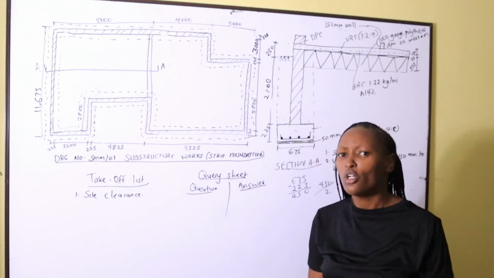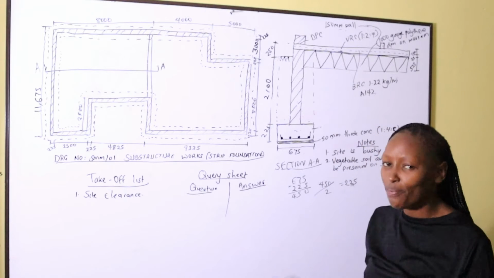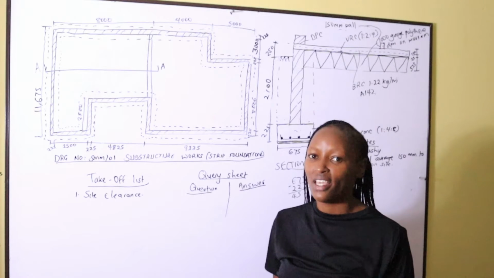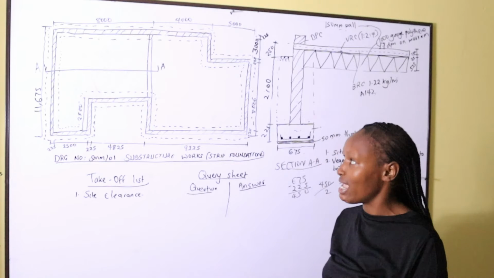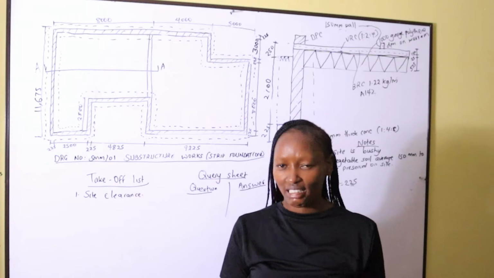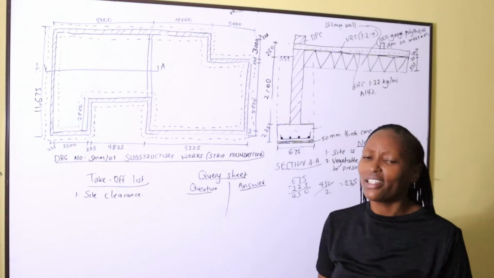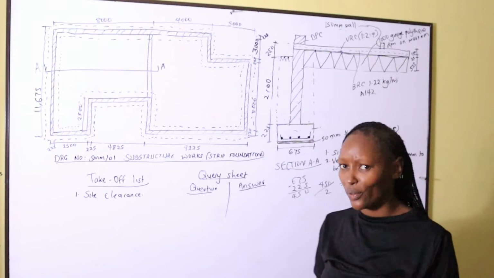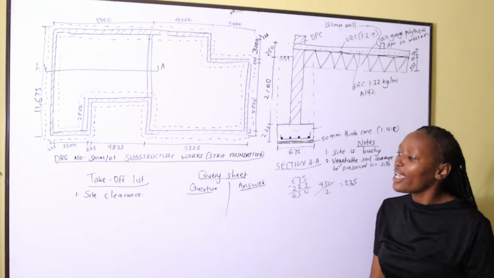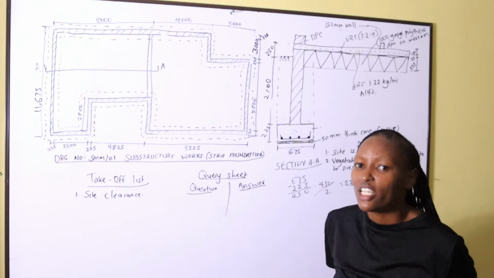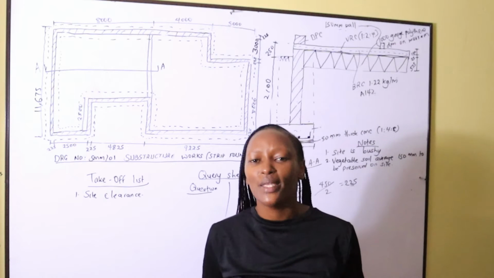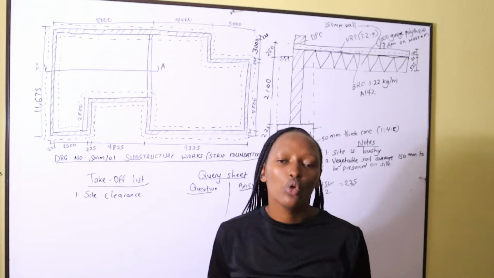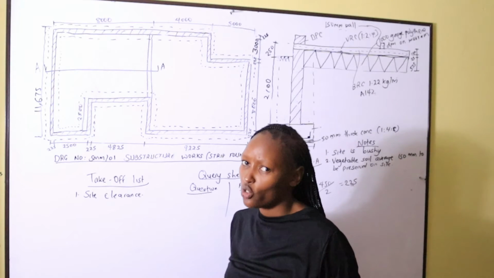That one you have to remember, and it's the simplest way you can remember that. When we are measuring the area of site clearance, we usually take the area of the external dimensions of the trench. So the external dimensions of the trench, we take the external dimensions of the building plus the two sides of the foundation spread.